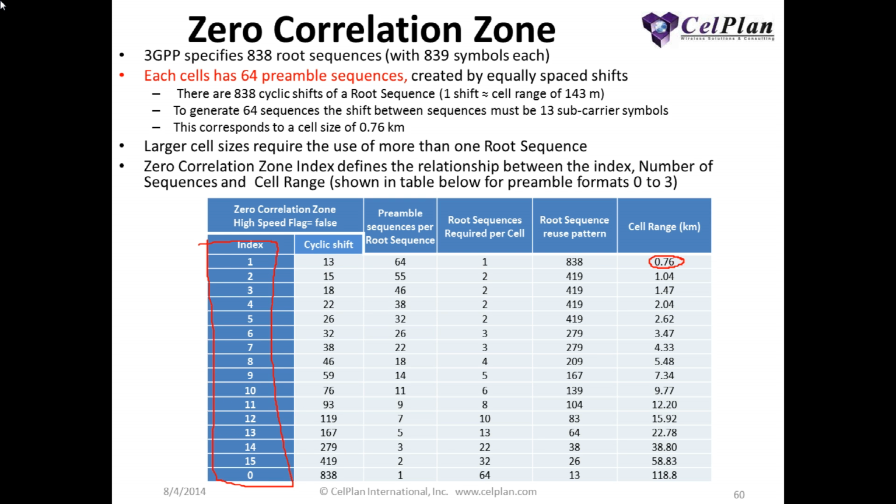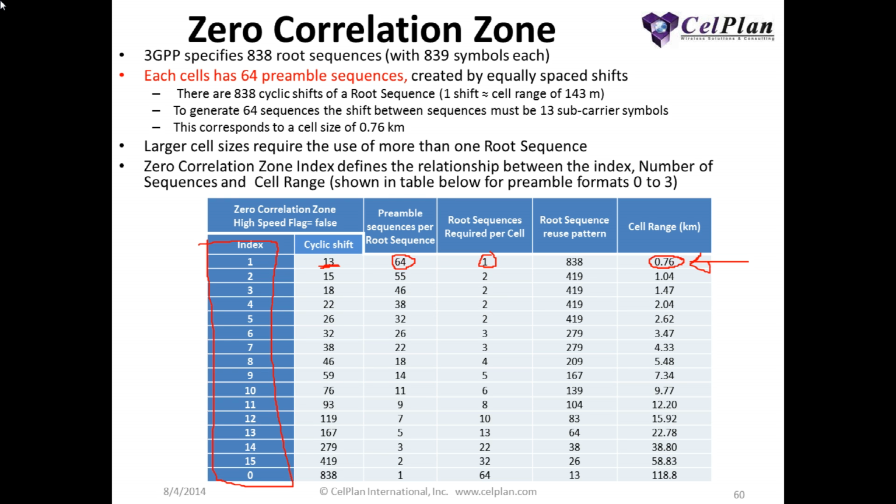So if we have a very small cell, 760 meters, we can use only one root sequence. This root sequence will allow us to have 64 orthogonal codes because I only need a cyclic shift of 13 due to this distance.